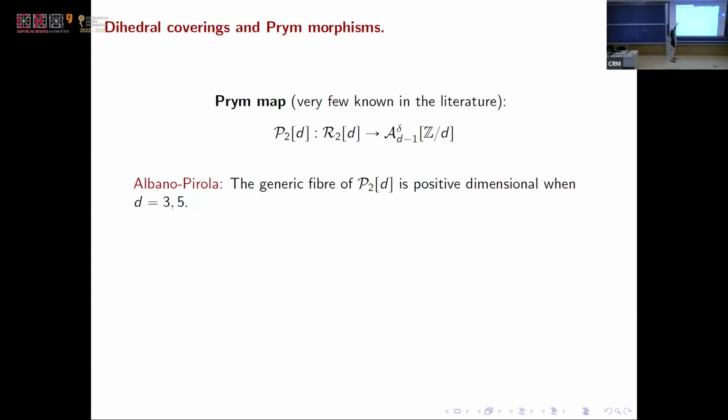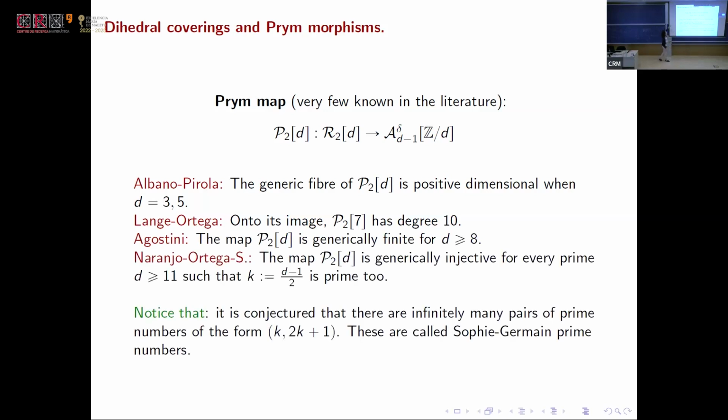In the direction of saying something relating to its injectivity, its generic injectivity, or the surjectivity, there is this result by Albano and Pirola, which says that the generic fiber is positive dimensional in the case of D equal to 3 or 5. A work by Lange and Ortega characterizes the case in which the map is dominant onto its image, and it has generically degree 10.